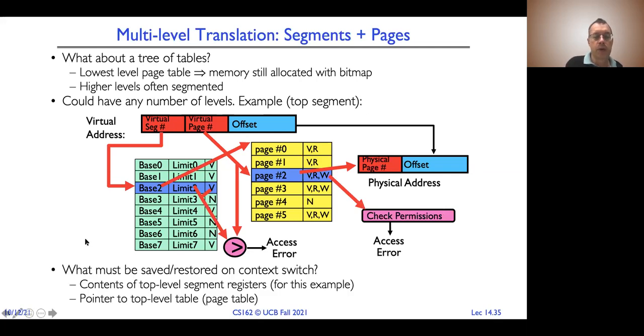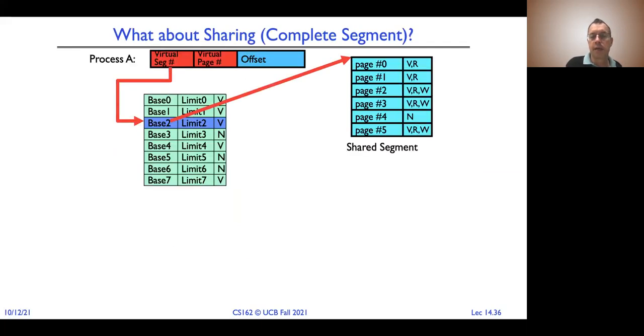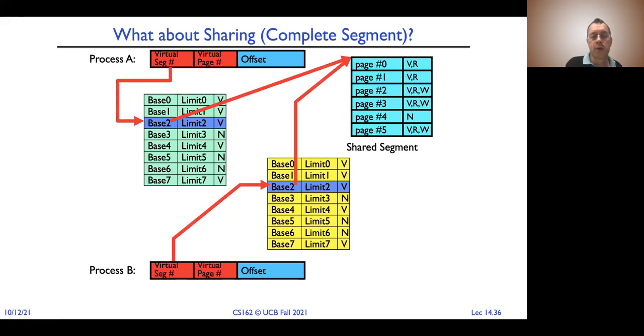Again, what do you need to save and store when context switching? You need to store the segment table, and you need to store the page table for that process. How do you share data across different processes when you have both segments and paging? It's a very similar way, right?